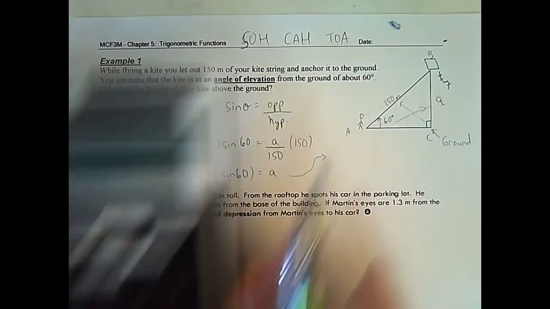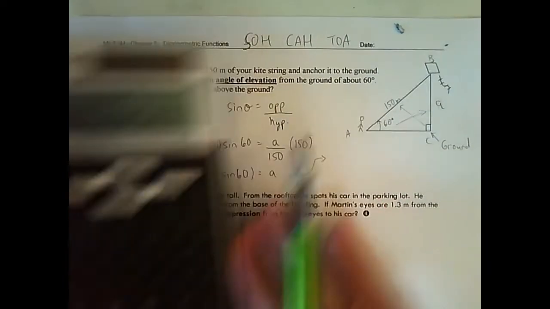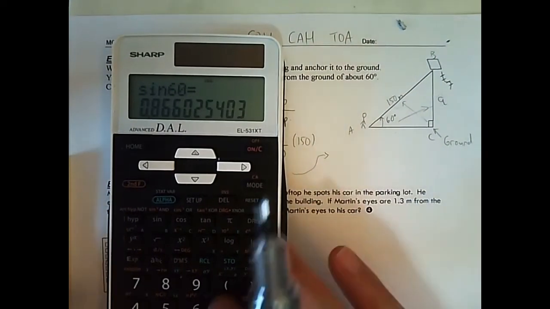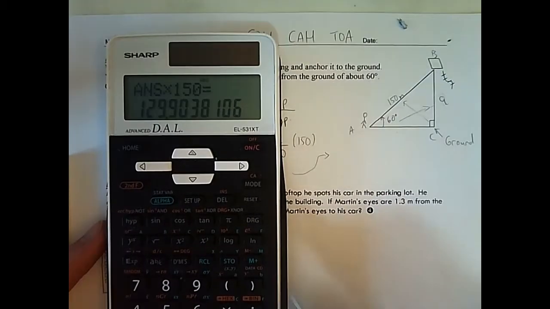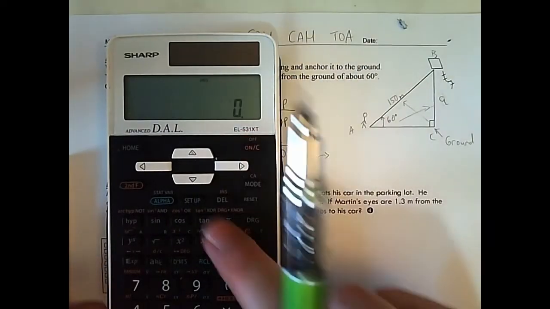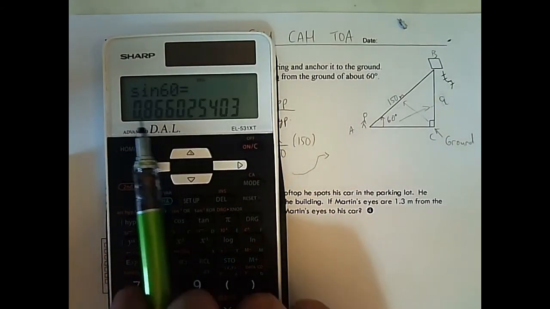I'm going to put in sine 60. And I'm going to multiply by our number, which was 150. Notice how I'm doing all of this on the calculator because the more decimal places, the better. So I don't want to round off sine 60 to 0.87. I want all of these decimals.